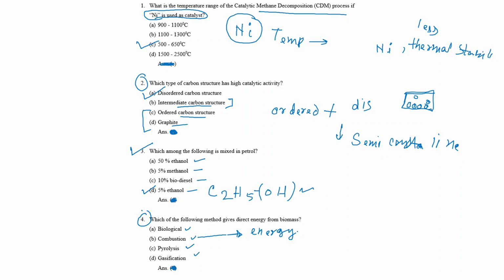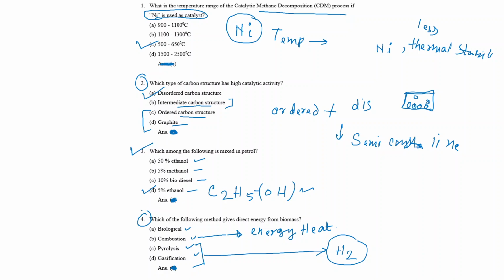For hydrogen production, we have to go through what process? Either pyrolysis or gasification. Gasification is common because gas is produced. So this is very important: if we do combustion on biomass, heat energy will be produced, but there is no hydrogen production.